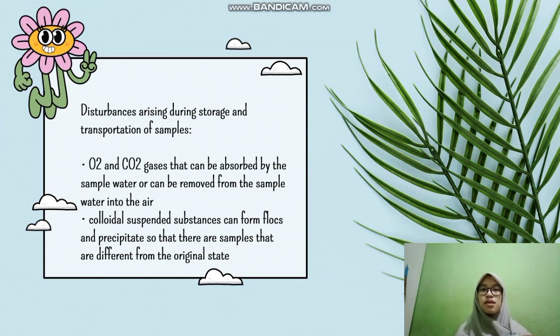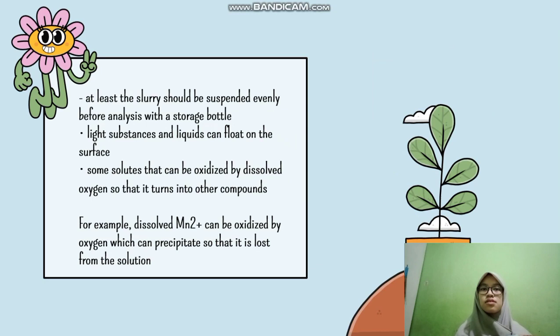Colloid suspended substances can form flocs and precipitate, so that the samples differ from the original state. At least the slurry should be suspended evenly before analysis in a storage bottle. And oil-like substances and liquids can float on the surface.